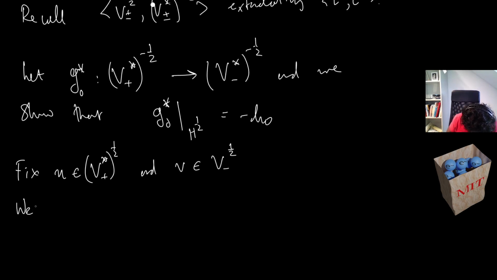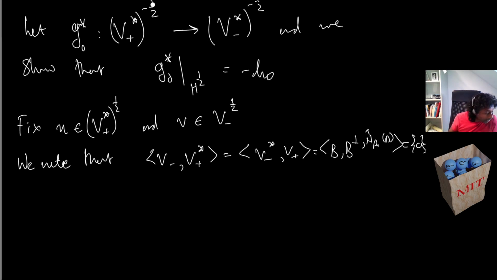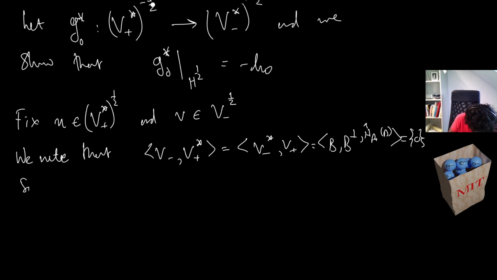We note that these spaces annihilate each other, right? So this is equal to V minus star, V plus, is equal to B perp, H P plus D. These are all equal to 0. Okay, these all annihilate each other by definition. So what do we get?